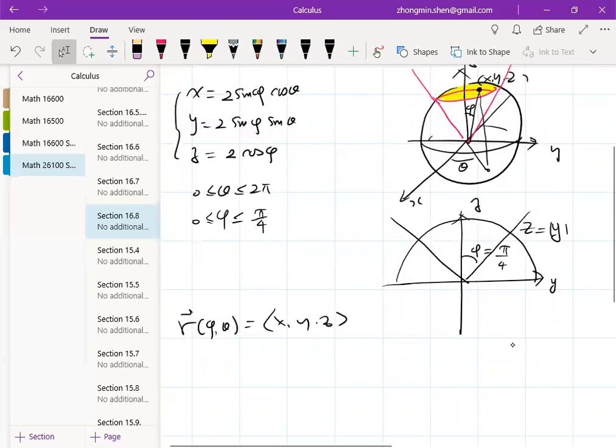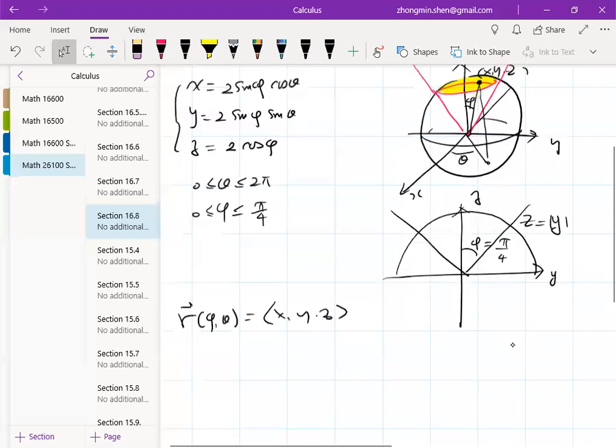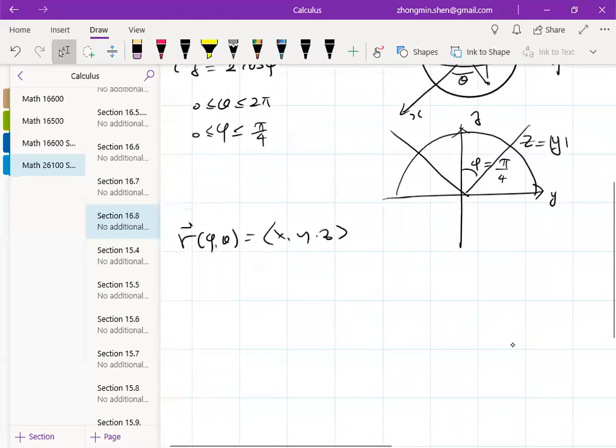The next section is section 6.7, about surface integrals. So you have to use that parameterization. That's the reason before that section we were talking about parameterization for the surface. In section 6.7, we introduce the surface integral of a function.